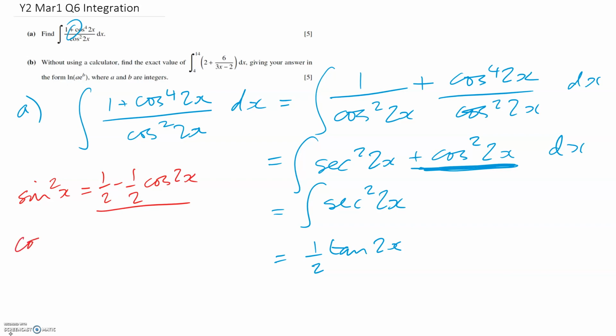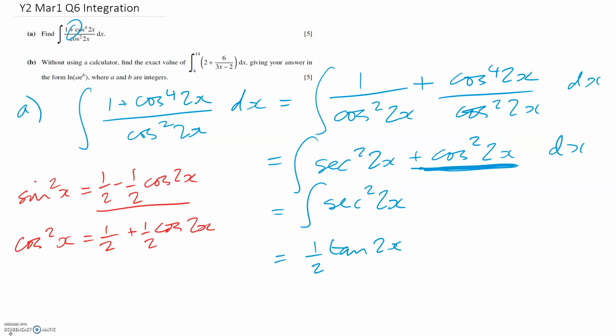In the same way, if you ever have to integrate cos squared x, you replace that with a half plus a half sine 2x. Sorry, that's wrong. It's cos 2x again.